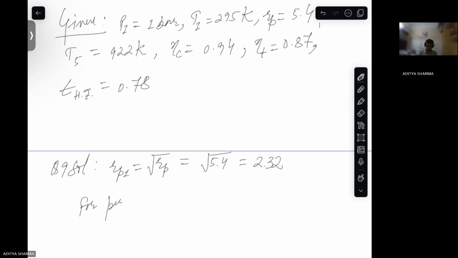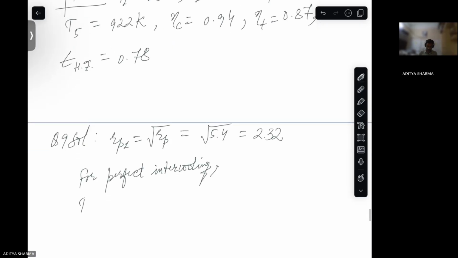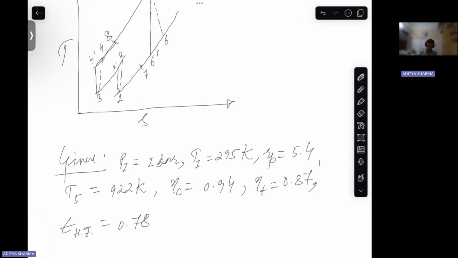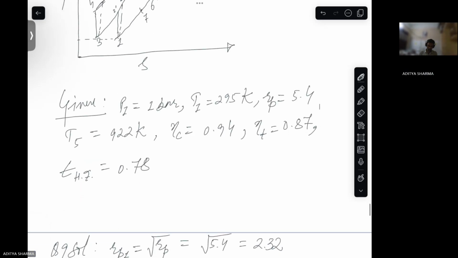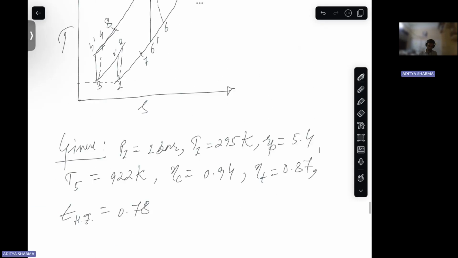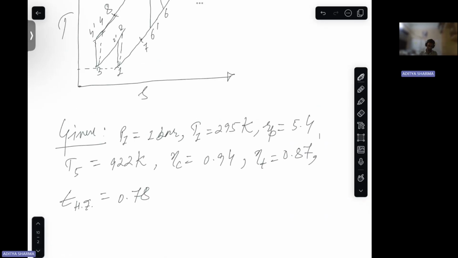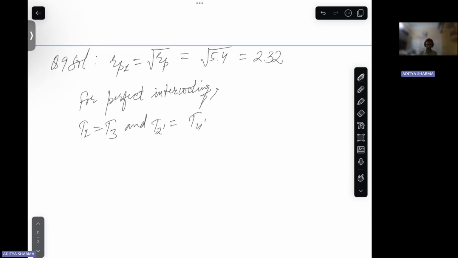For perfect intercooling, T1 is equal to T3. So this time I have drawn this diagram a bit closer to reality, how actually it should be. And then T2 dash is equal to T4 dash.